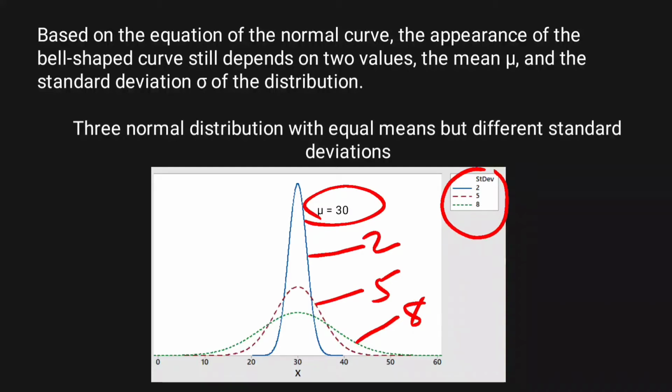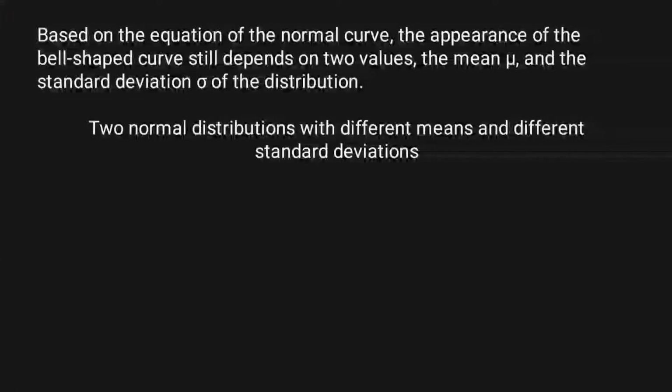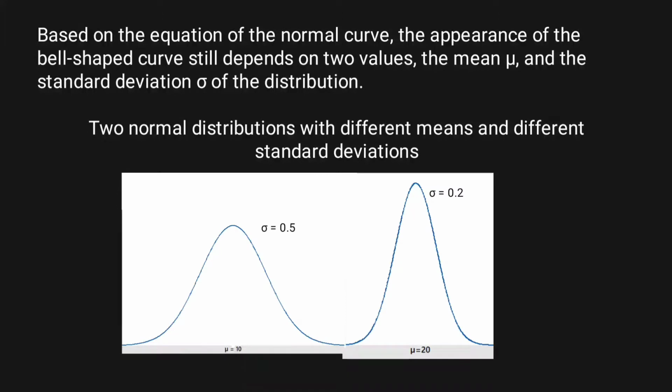Okay, so another example. So we have two normal distributions with different means and different standard deviations. So ayan, magkalayo na yung graph natin, dahil yung mu natin, yung isa 10, then yung isa naman 20. Then different standard deviation. So we have standard deviation nung mean na 20 natin is 0.05.